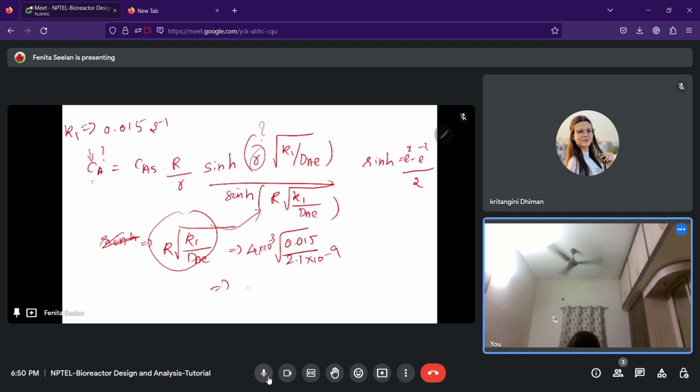So this would be around 10.693. If this is the case, we can do the sin h of 10.693. For that, what do we have to do? E power of 10.693 minus e power of minus 10.693 divided by 2.